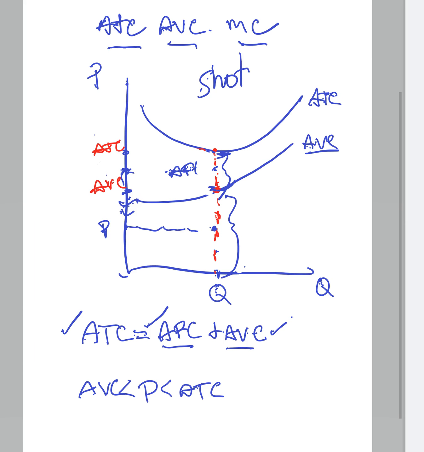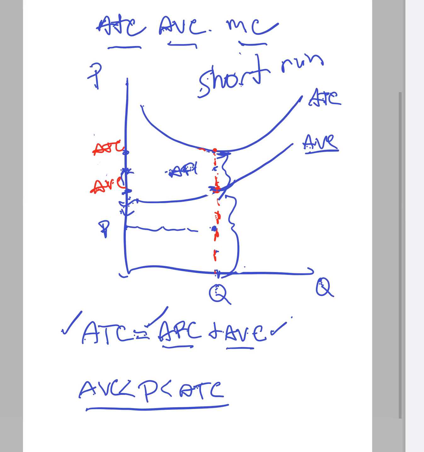So what you've got to do is, in the short run, this is the short run. In the short run, stay in business as long as this holds: when your price is below ATC, but above AVC.